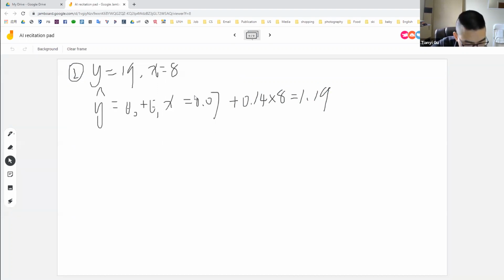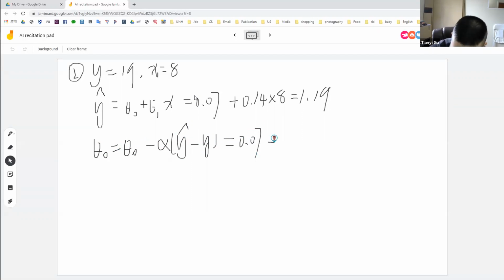So the hypothesis right now is 1.19. And then we update our thetas based on the difference between the current y hat value and the actual data point y. Theta 0 equals theta 0 minus alpha times the difference between the hypothesis value and the actual data value. I omitted the 1 here since it's the bias term.